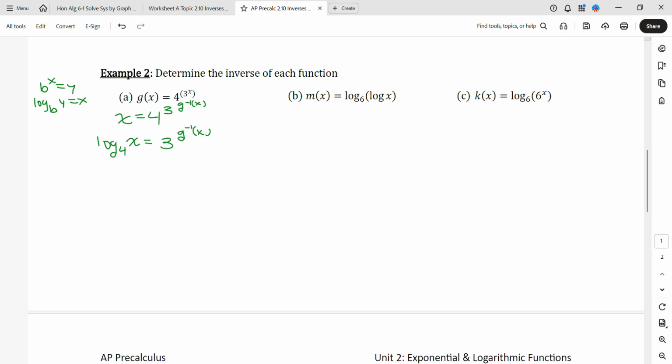So what's going to end up happening is a logarithm inside of a logarithm, which makes sense because I have an exponent inside of an exponent.